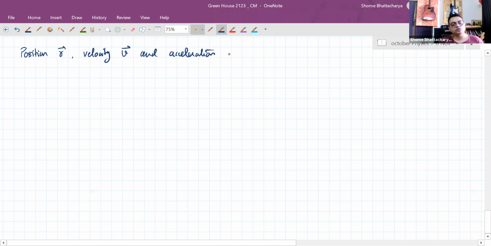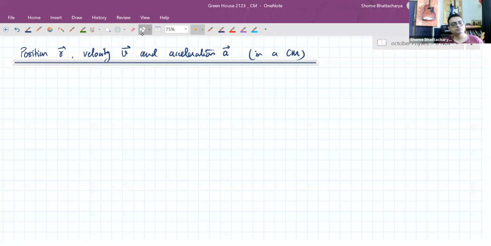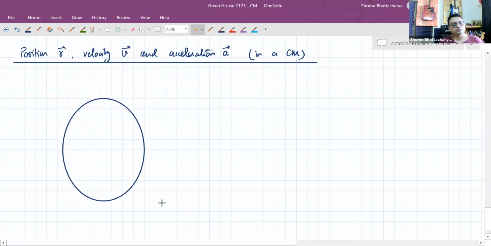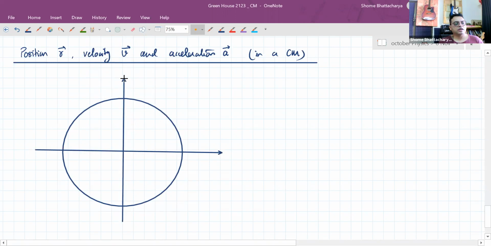Not the angular position, not the angular velocity, but the velocity itself, the acceleration itself in a circular motion. So understand these things. Position vector is something very easy to understand, but we'll also look at it in the context of the angular parameters as well as the two unit vectors we've discussed.